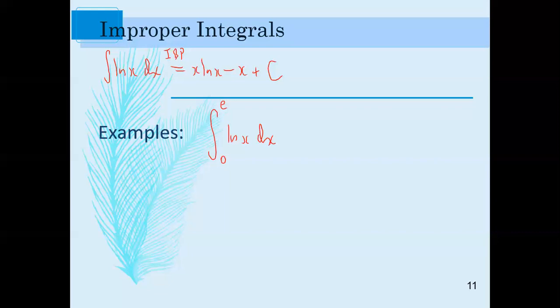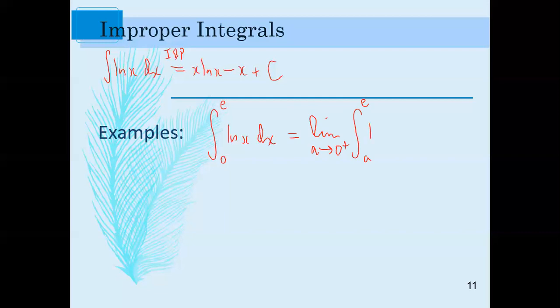The logarithm function is, so what are we going to do? Yeah, so maybe say limit as what? Help me out here. Yeah, a goes to 0 from the right. The integral from a to e. And now we're a little bit removed from 0. Yes, we're to the right of 0. That's nice.